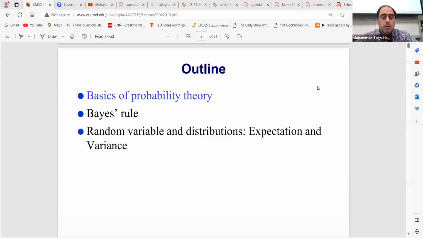So Bayes rule and probability theory in particular are very important to learn about and use. If you increase your knowledge of them, that would be great. Then we talk about random variables and distributions. That's another thing, because everything we talk about here will be about joint distributions, etc., and it is important that you know about them.